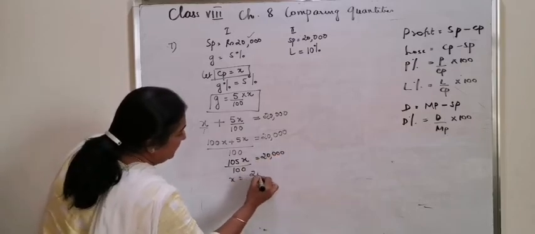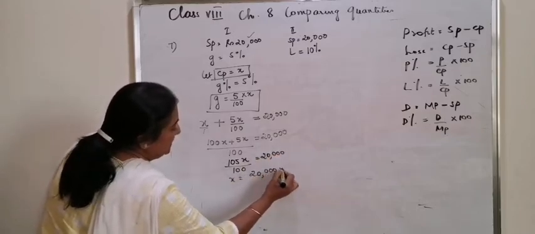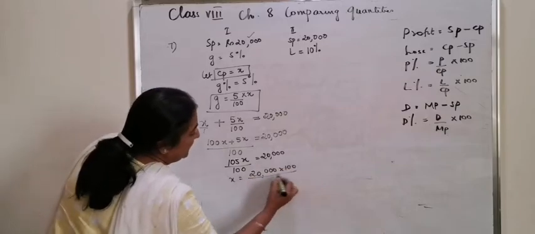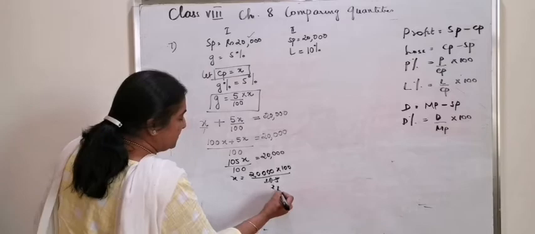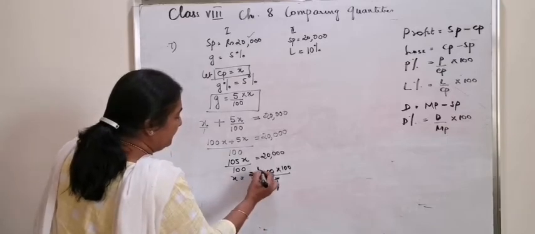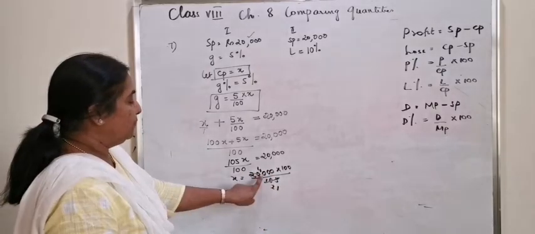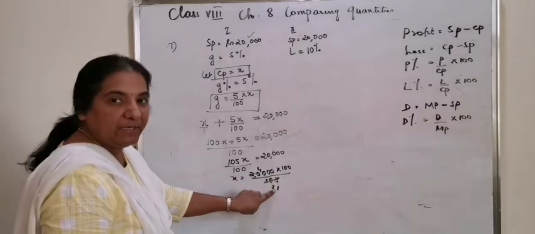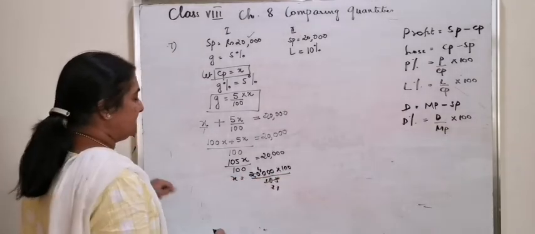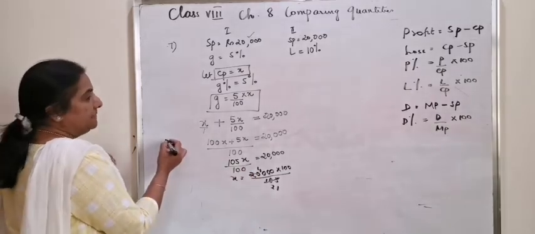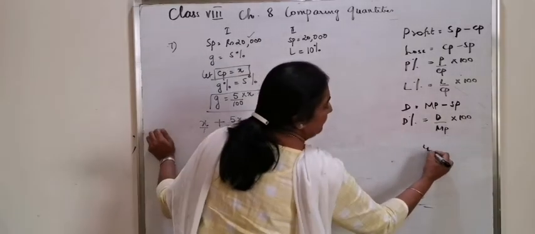X is equal to 20,000 into 100 divided by 105. We'll divide by 5: 21, then 5 4s are 20. So 4,000 divided by 21, and then we will use this 100 for shifting the decimal place. 4,000 divided by 21.